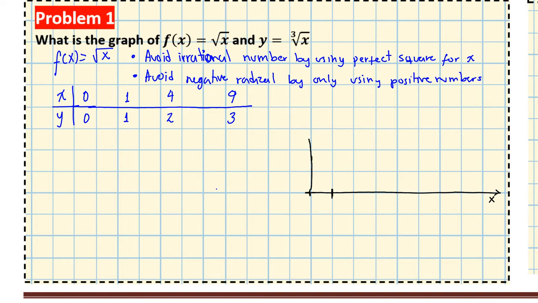Otherwise you're doing it wrong. Nobody will take you seriously if you don't label all your parts. Okay, so 1, 2, 3, 4, 5, 6, 7, 8, and 9, of course. 1, 2, 3. The negatives.